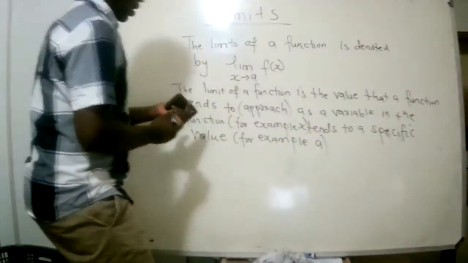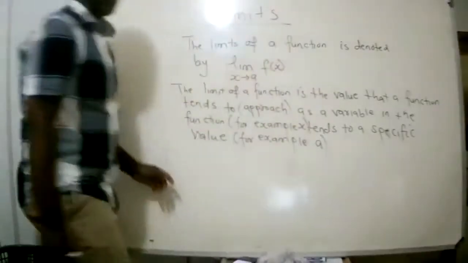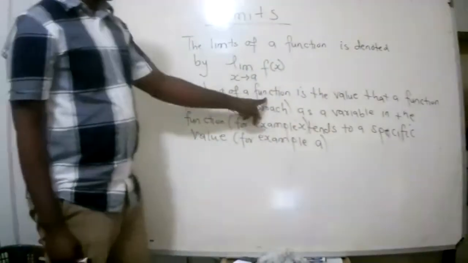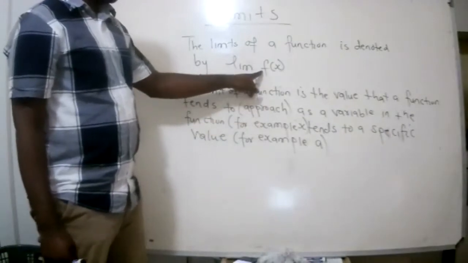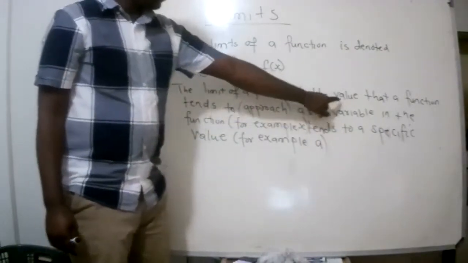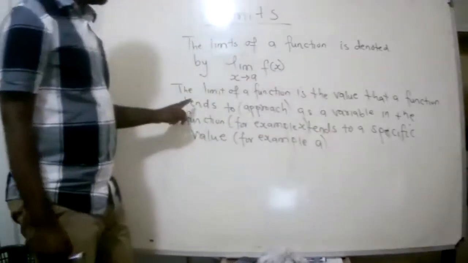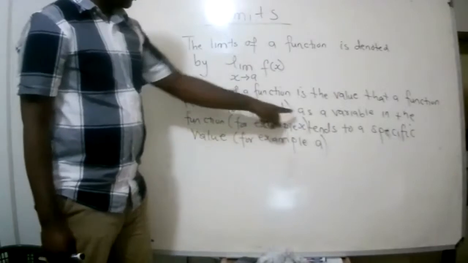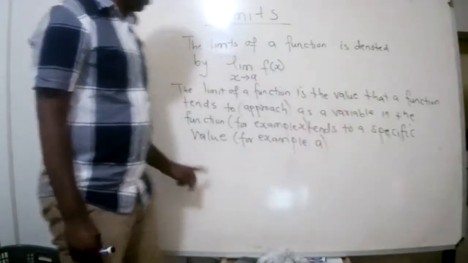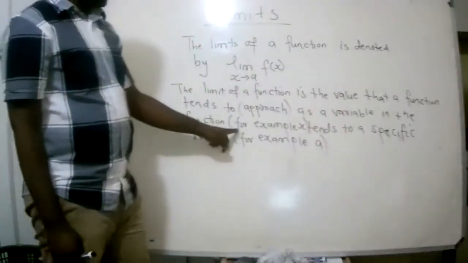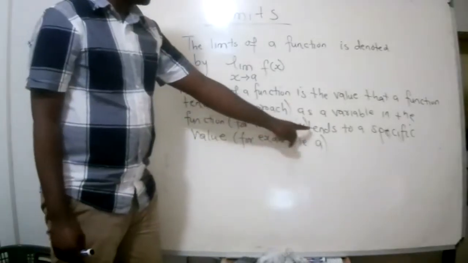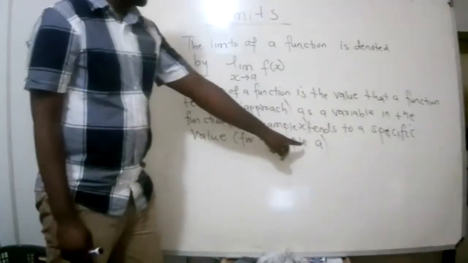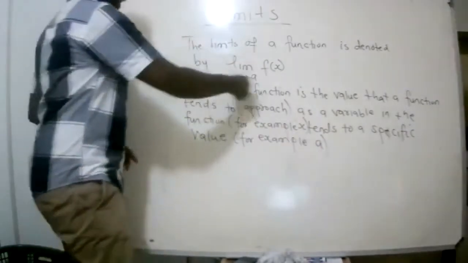So I will summarize this for you. The limit of a function, in this case function f, is the value that the function tends to, or approaches, as a variable in the function, for example variable x, tends to a specific value a.